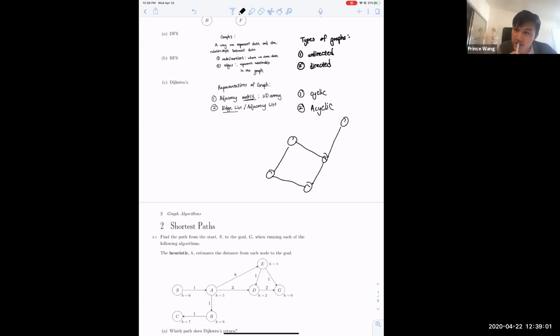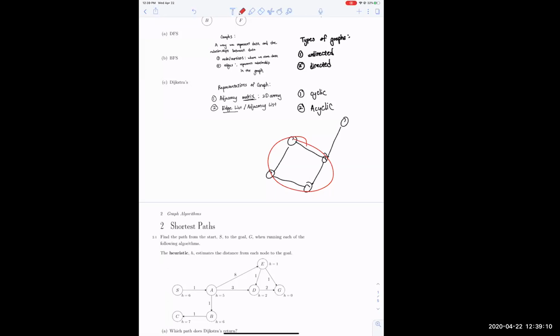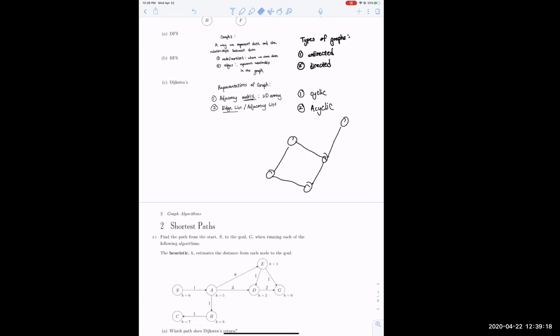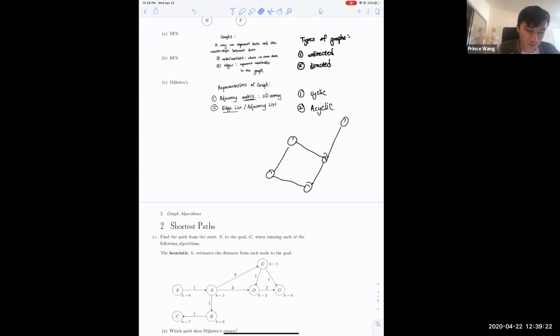The answer is actually it's cyclic. Oh. But why? It's because there's a cycle here. The thing is, the graph itself doesn't have to be one big cycle, but as long as it contains a cycle. Yeah, sorry, I should have made it more clear. If a graph contains a cycle, then it is a cyclic graph.